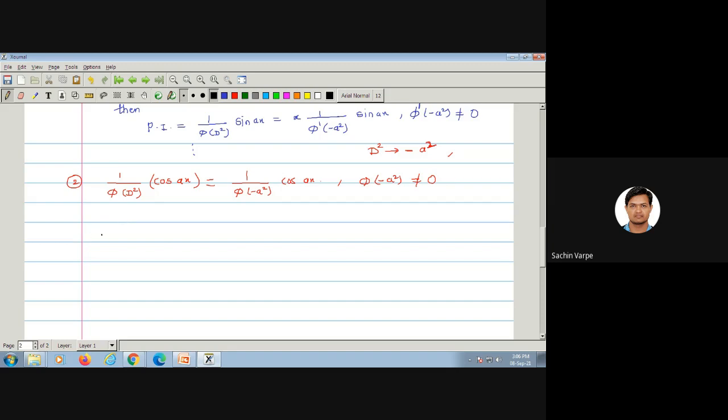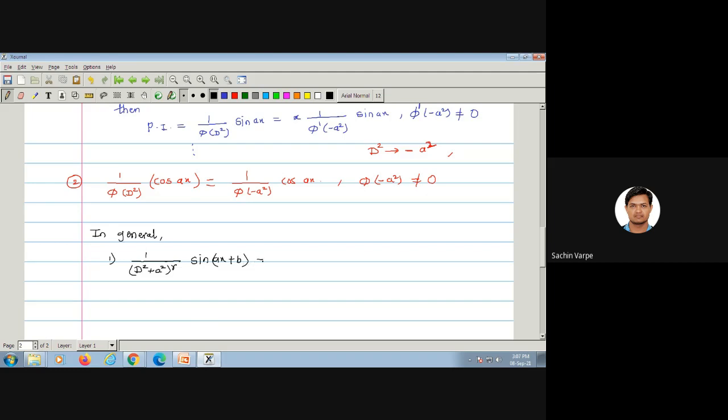The first formula is, in general, 1 upon d square plus a square raised to r, sine of ax, or I can write it in terms of ax plus b. Most of the time that b is 0, clear?